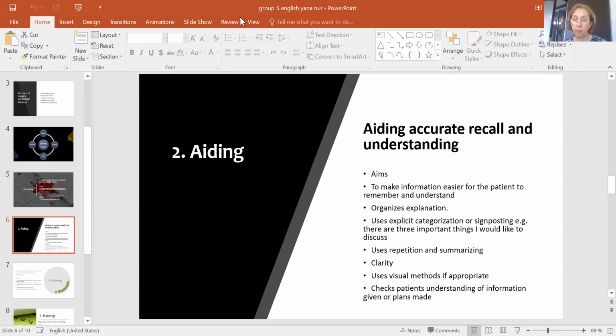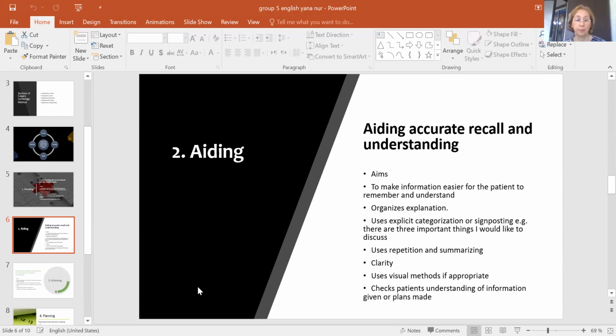And we have the organized explanation, using explicit categorization or signposting. There are 3 important things I would like to discuss: the use of repetition, summarization and clarity, using visual methods if appropriate, and checking patient understanding of information given or plans made.